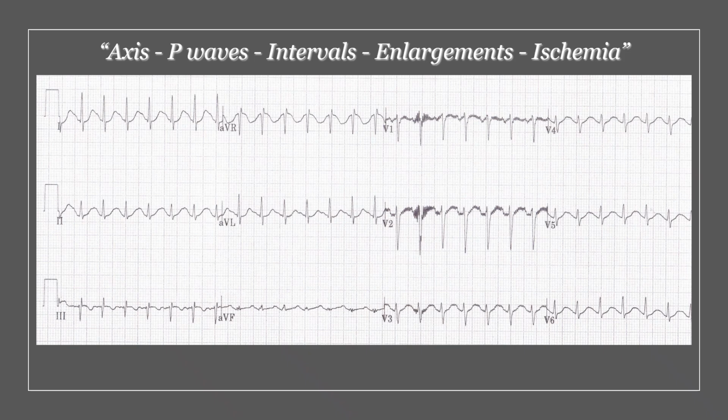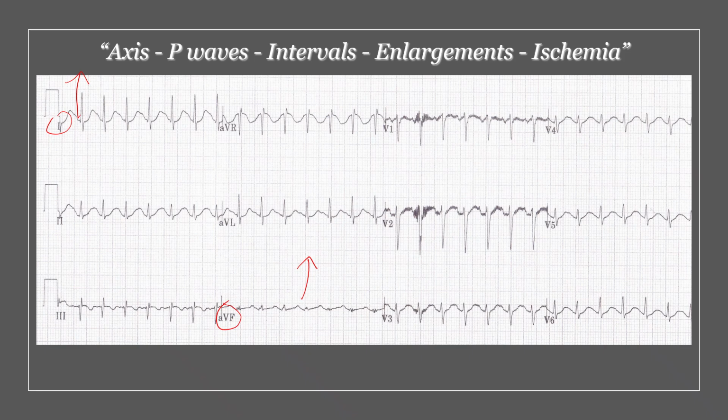So there are so many different ways of checking the axis. My preferred way is I look at lead 1 and I look at lead AVF. Lead 1 is to my left hand side and lead AVF is to the side of my right hand side. And I look at the complexes there. If the complex in lead 1 is pointing up and the complex in lead AVF is pointing up, this means that both my hands are pointing up.